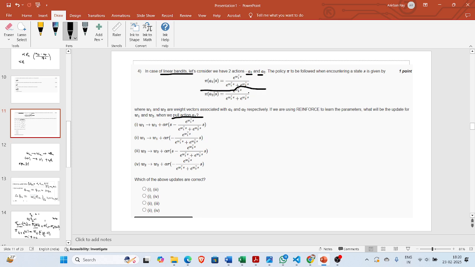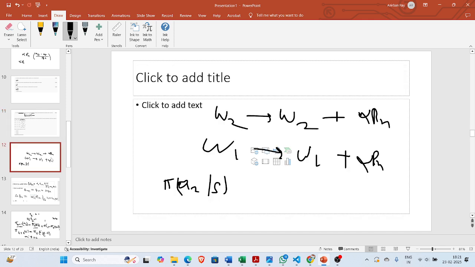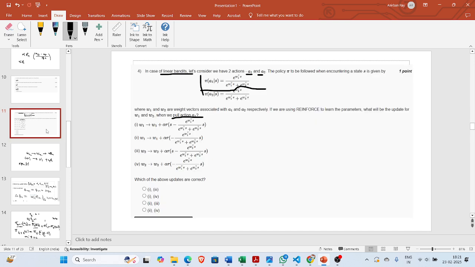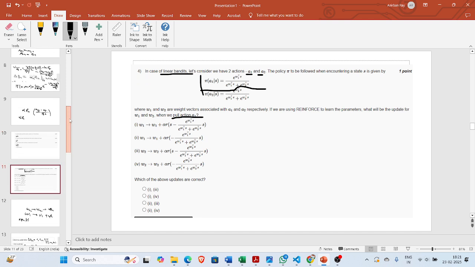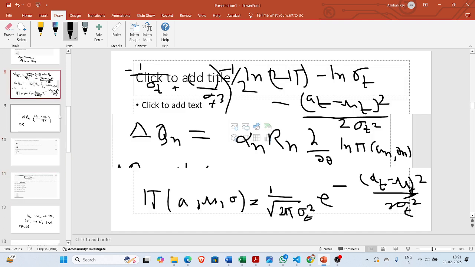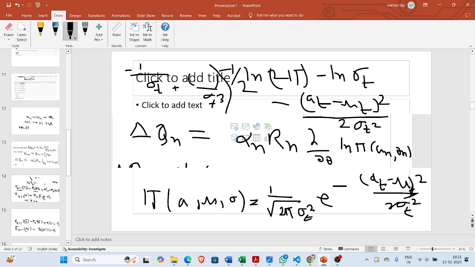Only A1 is important. It's not easily visible, so let's remove that one. So what we need to do here is, with w1, w2, alpha, rn there, we need to take the derivative of the logarithm of this pi, right?